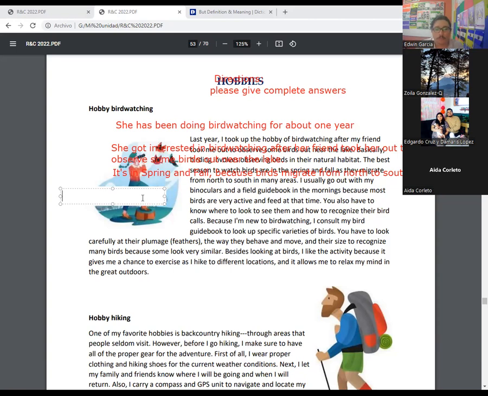Maybe she usually takes her binoculars and a field guidebook. Okay, very nice. We are going to use the frequency adverb. Remember, if we say she usually goes out, we can say she usually takes out. It's similar to go out, take out. Binoculars, okay, and a field guidebook.